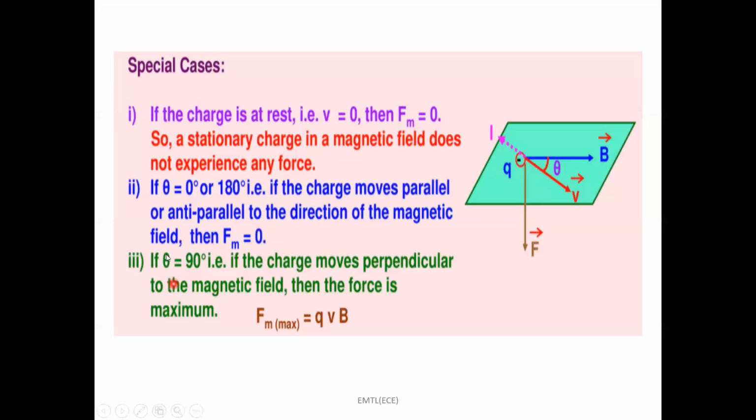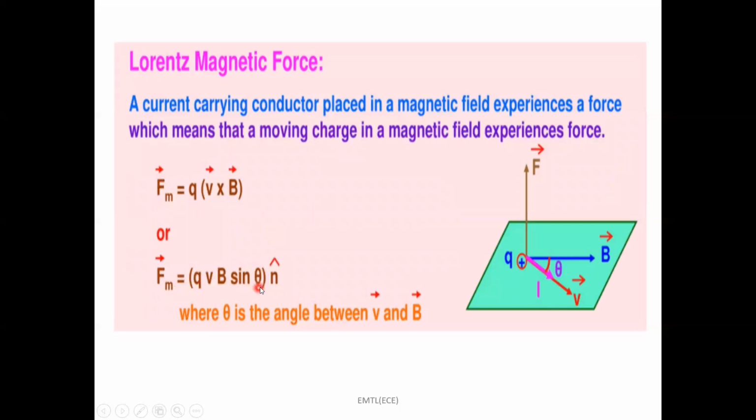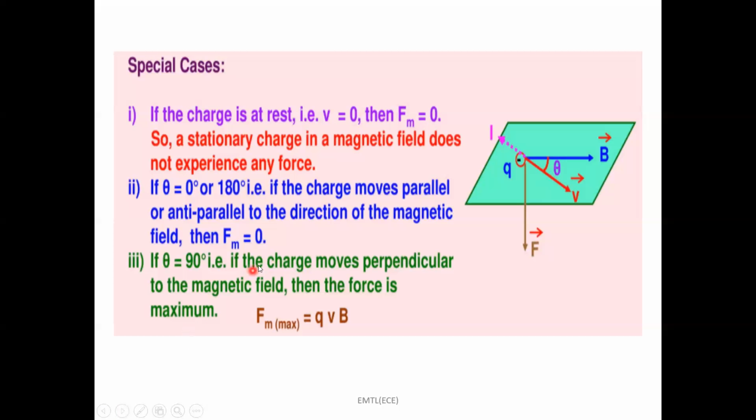Why? Because as we substitute theta equal to 0 or 180 in this expression, sine 0 is 0, and sine 180 is also 0, so the magnetic force becomes 0. So at theta 0 or 180, the magnetic force experienced by a charge is 0.